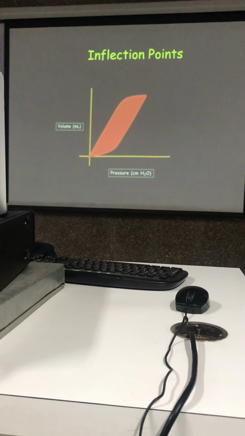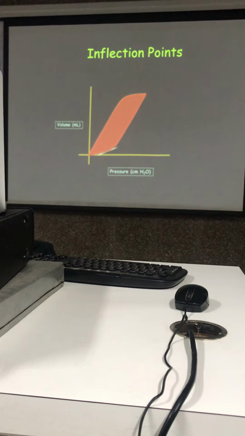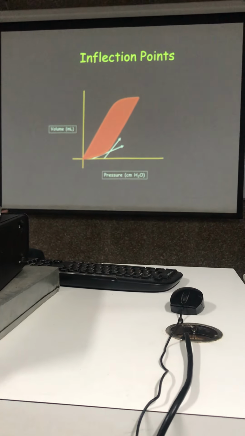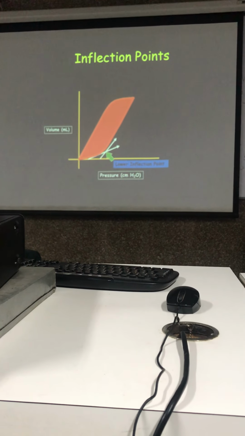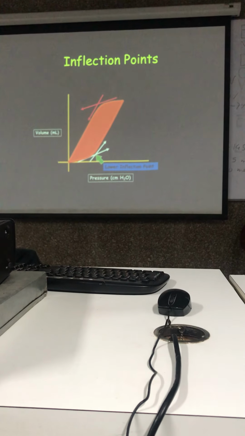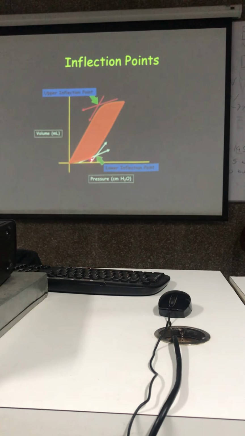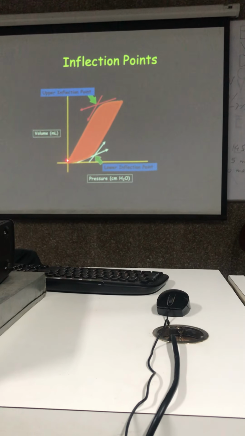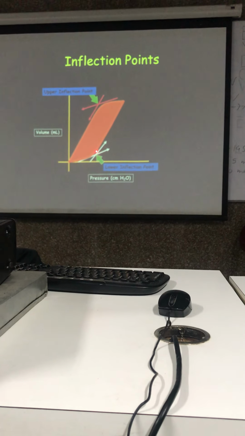Now, in the good old days, there was a thought that if you use inflection points, you could determine where the optimal PEEP is. So there used to be something, you see, where it turns, this is supposed to be the lower inflection point. If you look at the curve, this is the inspiratory limb.